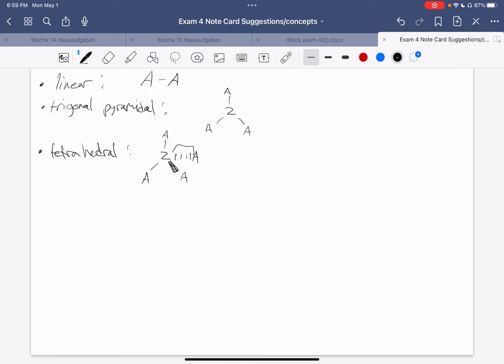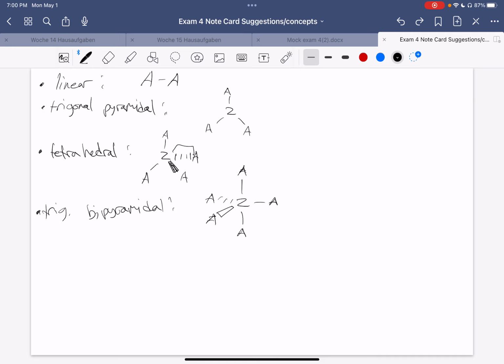And then we've got trigonal bipyramidal, which is going to look like Z. It's going to be A, and then A. So these three center ones are going to be 120 degrees from each other.